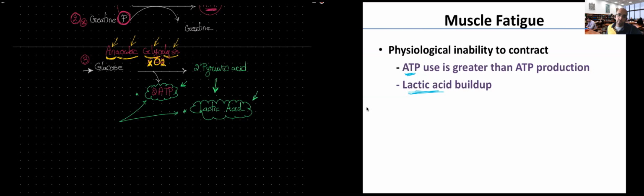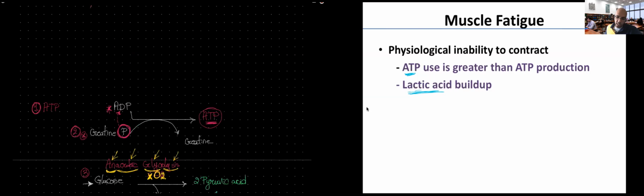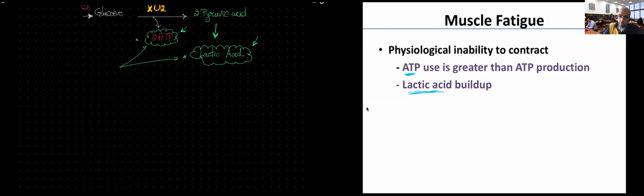I can't keep going. But for how long can you run a marathon? For hours. You can run a marathon for hours, right? It's a low intensity workout, not high intensity like a sprint.